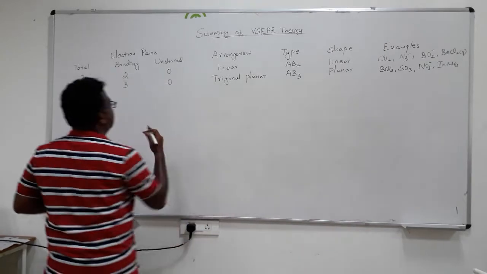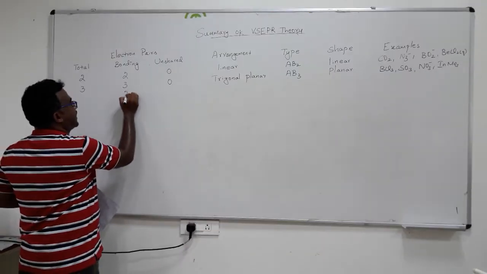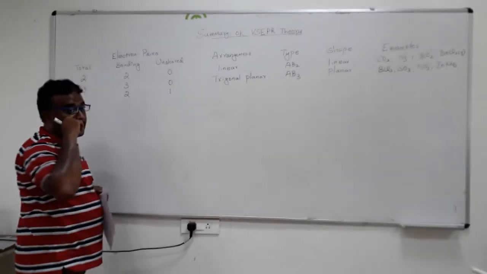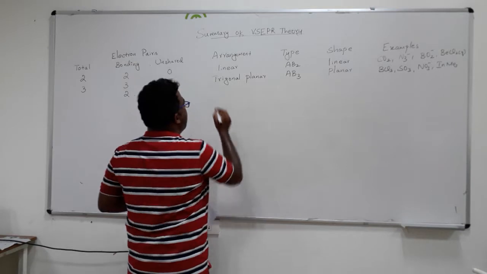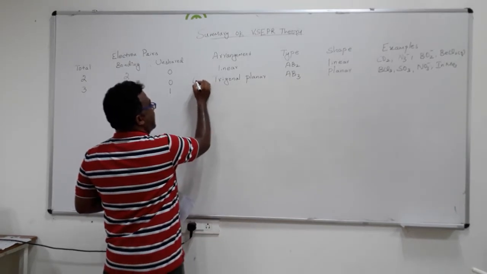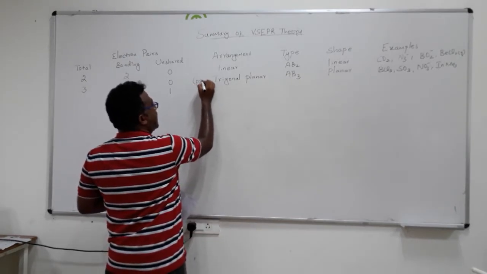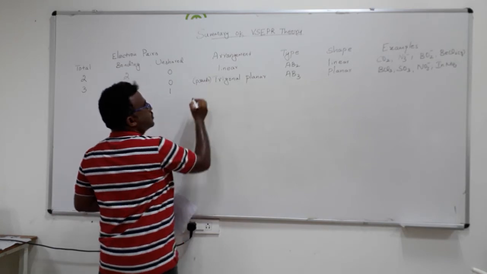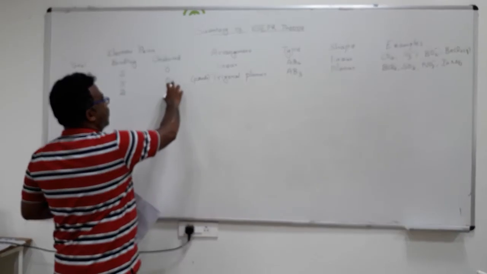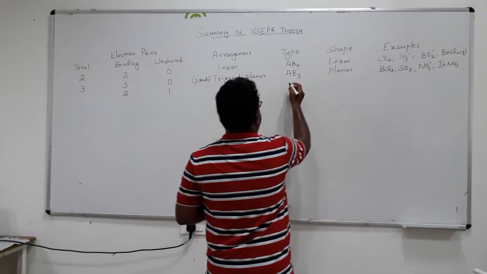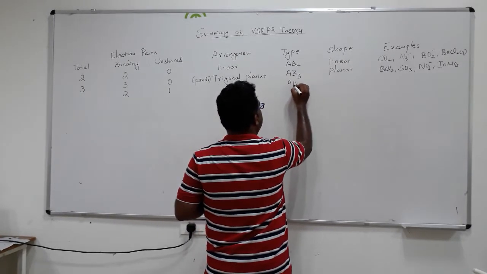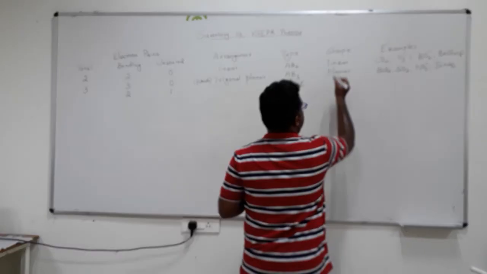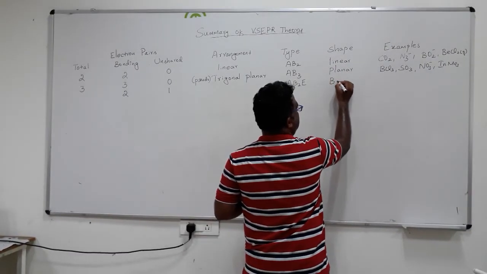If it has 2 bonding pairs of electrons and 1 unshared pair of electrons, again that comes under trigonal planar geometry, but more correctly you can call it pseudo trigonal planar. Pseudo trigonal planar covers both the 0 unshared pair and the 1 unshared pair cases. The type will be AB2E and the shape of the molecule is bent.